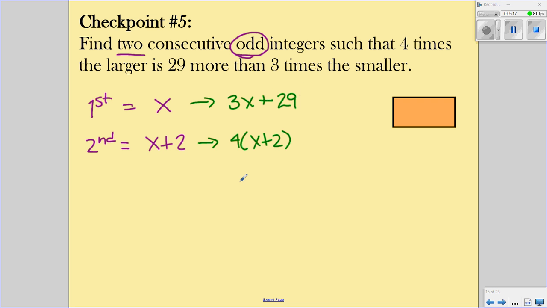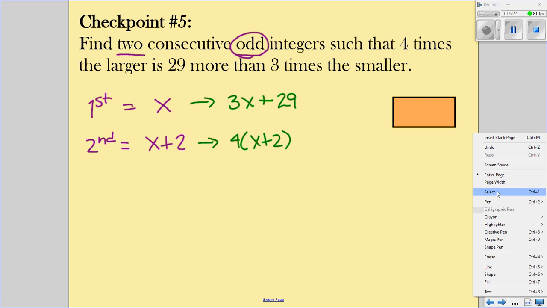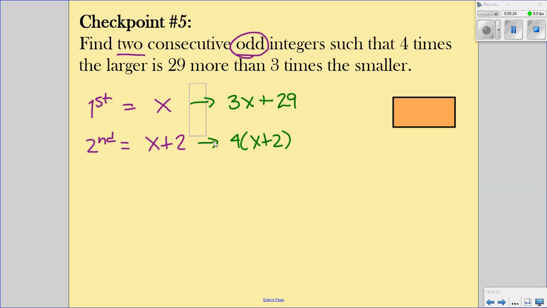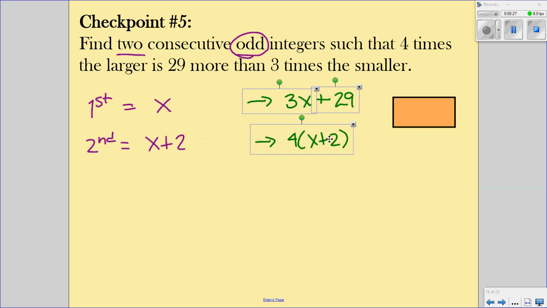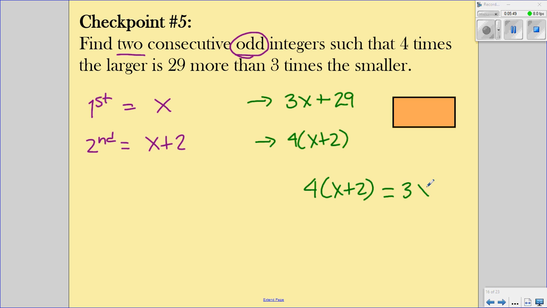All right, so that's just to set it up, and I'm going to move that out of the way because I need to put my answers there once I find x. So now this portion is equal to this portion based on what they said. 4 times the larger, we know this is the larger because that's the next number when you count by odds, is 29 more than 3 times the smaller. This is the smaller, and you add 29 to it.